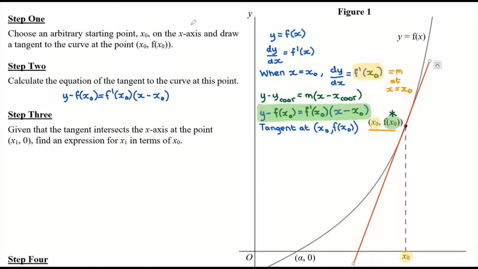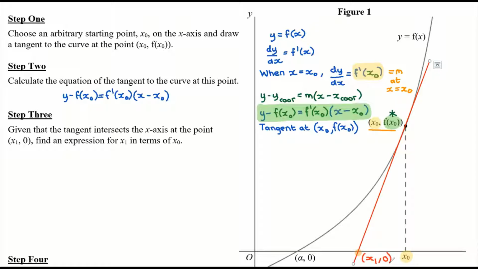And our tangent intersects the x-axis somewhere between alpha and x naught. Now, this is a given. So given that the tangent intersects the x-axis, we have to find an expression for x1 in terms of x naught. So we're going to give this point on the x-axis a name. So this point of intersection is called x1, 0.